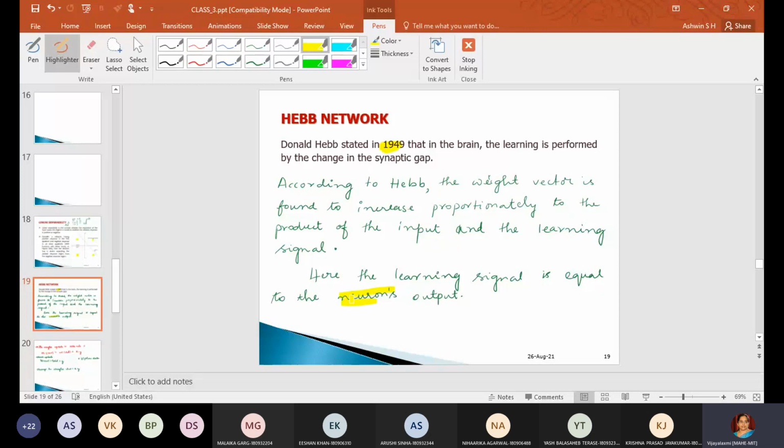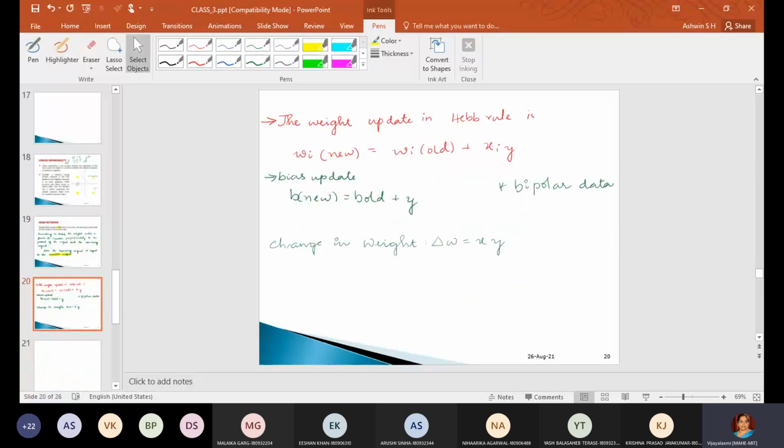Here the learning signal is equal to the neuron's output. If I just tell you this in one or two sentences, you will not understand. We'll solve one problem and I'll make it clear. But please note that whenever you use the Hebb network, you have to write two expressions clearly.